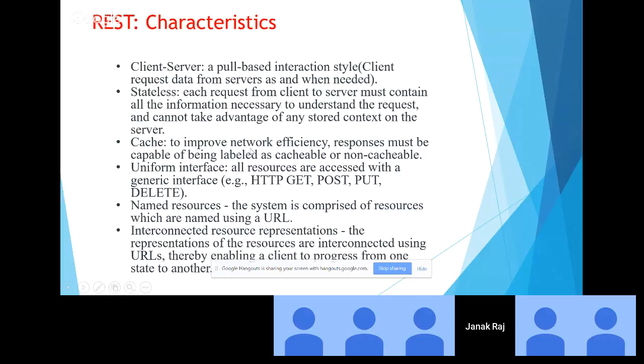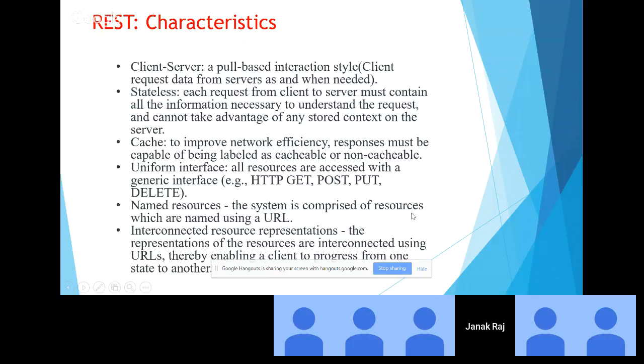Another is cache. To improve network efficiency, responses must be capable of being labeled as cacheable or non-cacheable. Another is uniform interface. All resources are accessed with a generic interface, that is HTTP GET, POST, PUT, DELETE. Another is named resources.